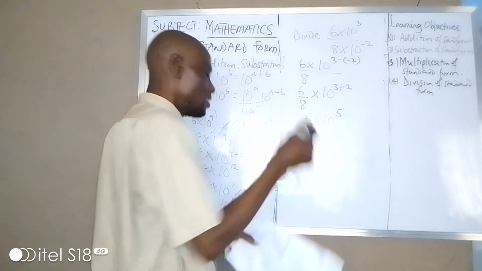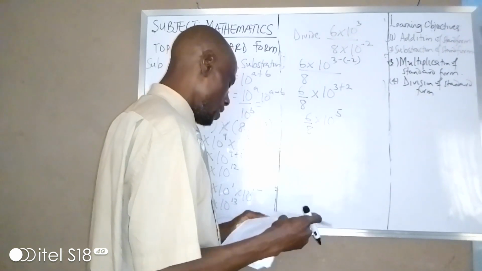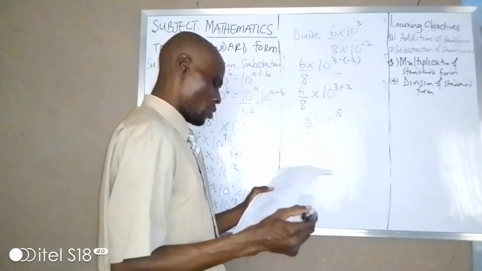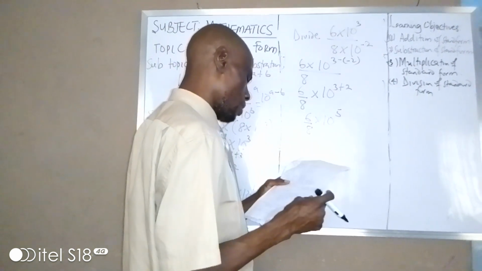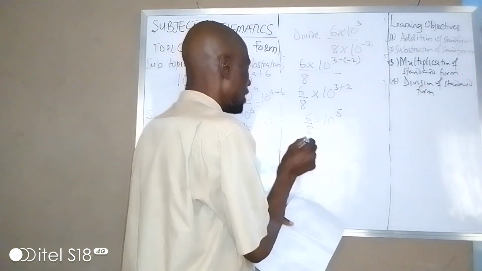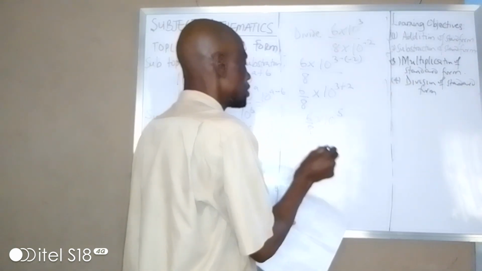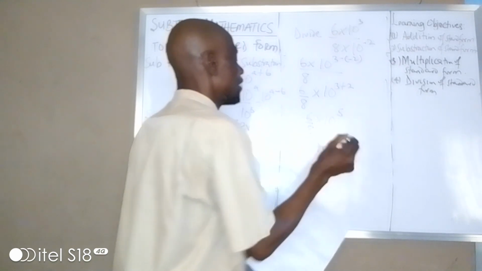Now 6 divided by 8 will give us 0.75, multiplied by 10 to the power 5.